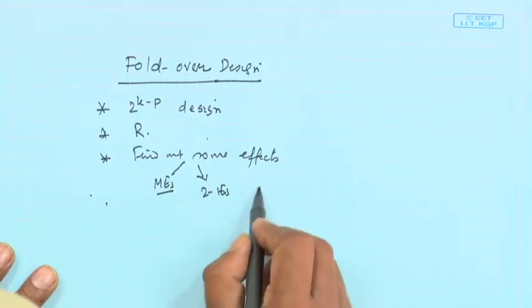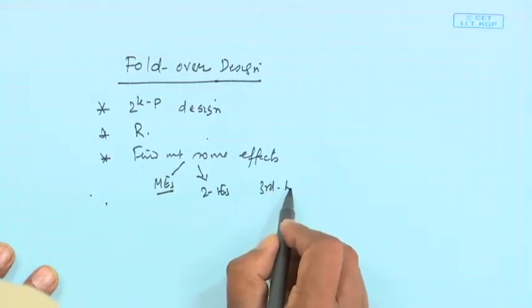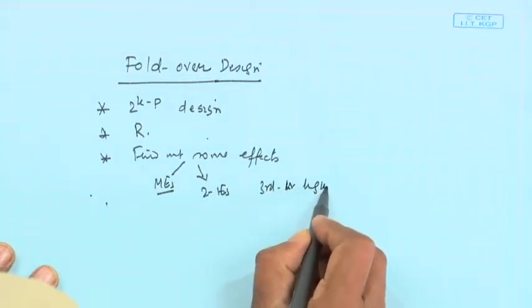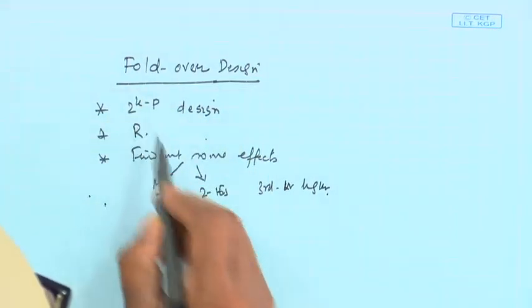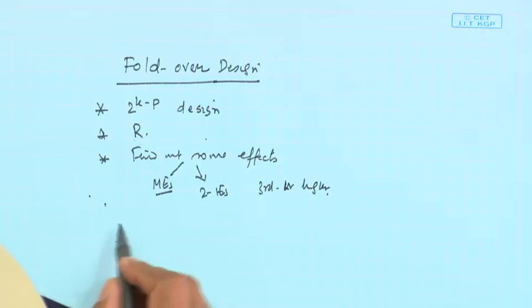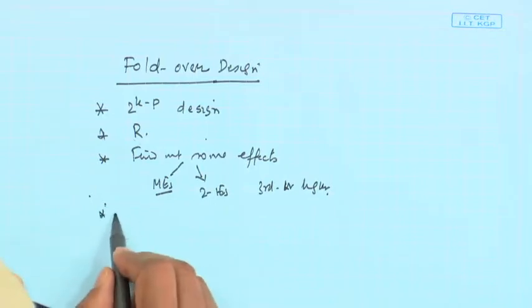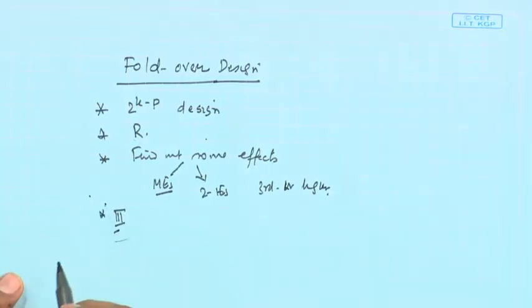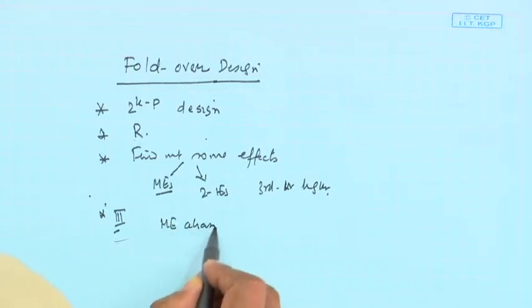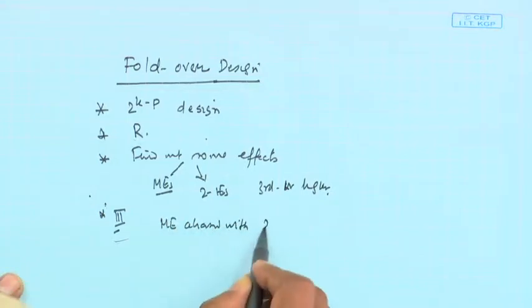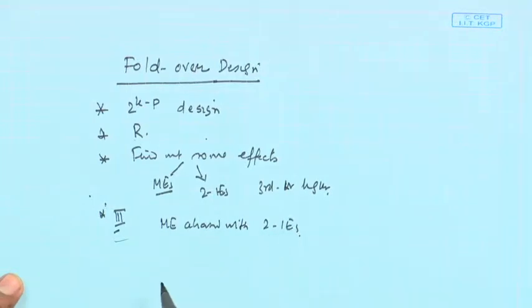Rarely, maybe, third or higher order interaction. Depending on the resolution, suppose you choose a resolution 3 design, then your main effects will be aliased with second order interaction effects.